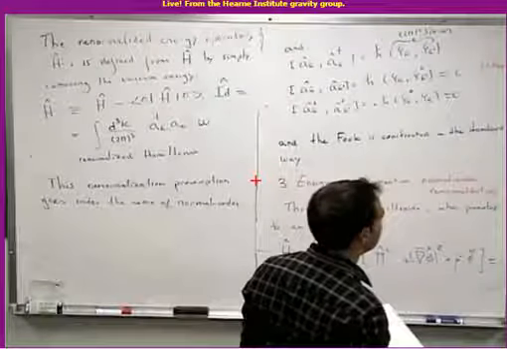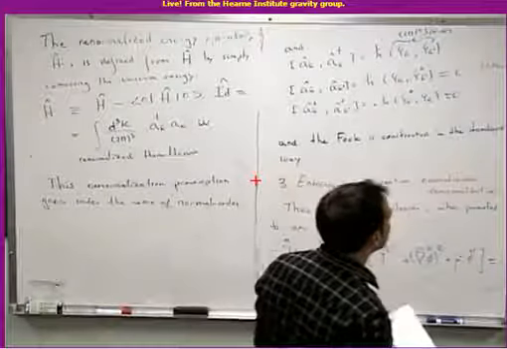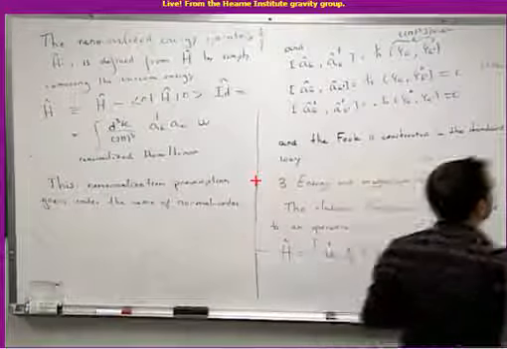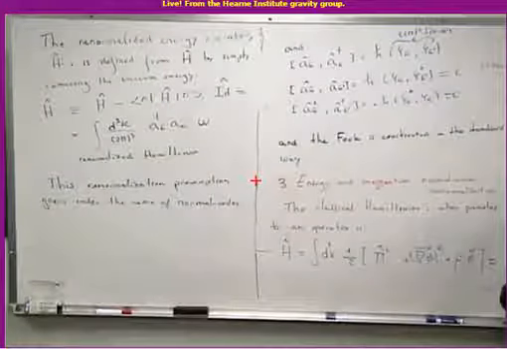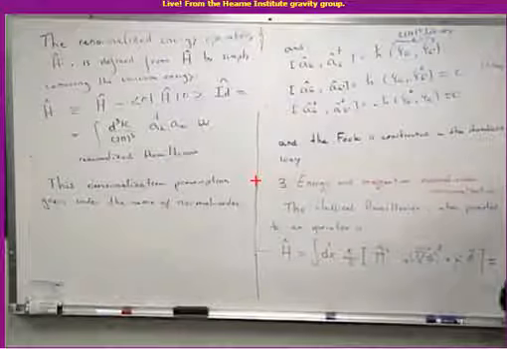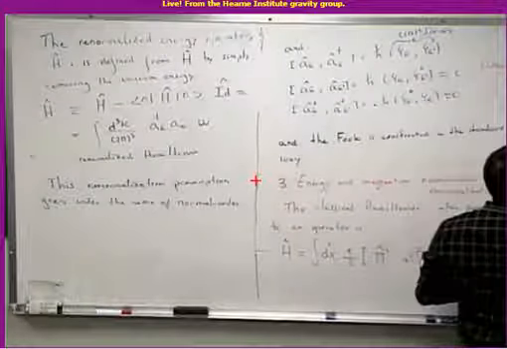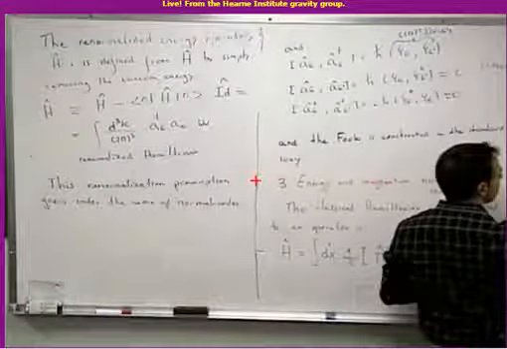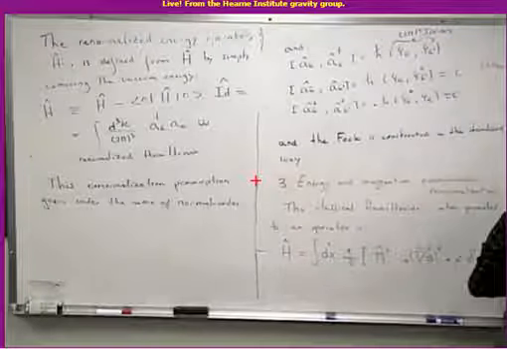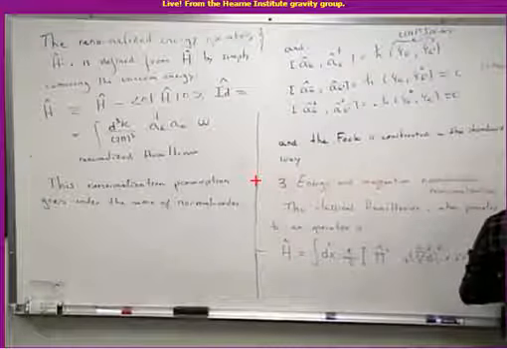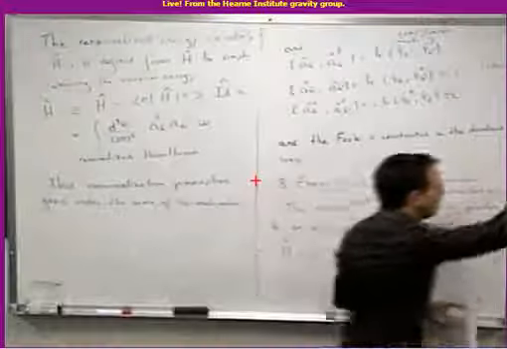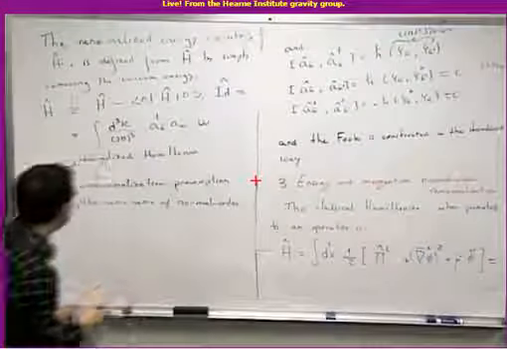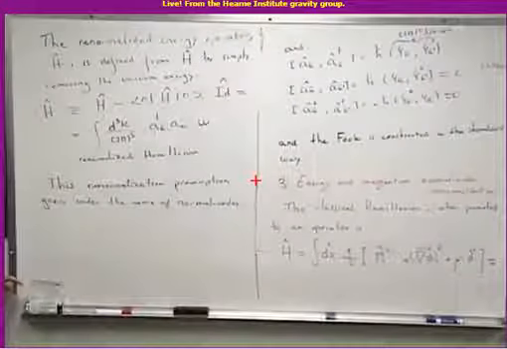Earlier in the notes I have an ħ there, because I forgot one here. This appears because this is the number operator, so I took ħ outside to have here the number operator. So that is what was missing there.